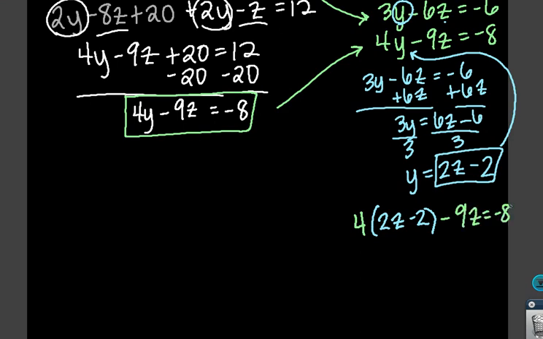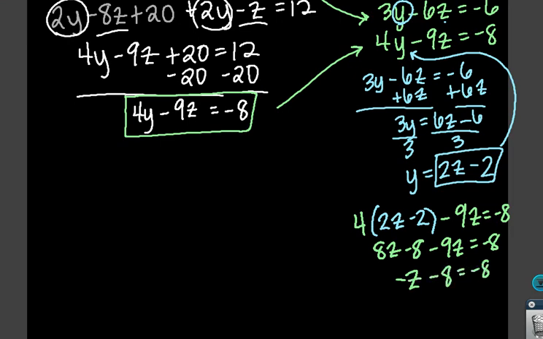And we'll simplify. What do we get? 8z minus 8 minus 9z equals negative 8. What's 8z minus 9z? Negative z.